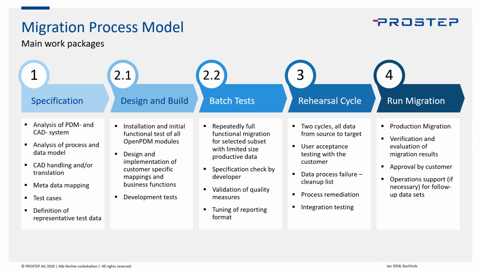Write down what the mapping is and the test cases, and then also gather the test data that you might need. So after that specification phase, we have a great understanding of what the migration is going to entail, and we're ready to develop the scripts in order to migrate the data.